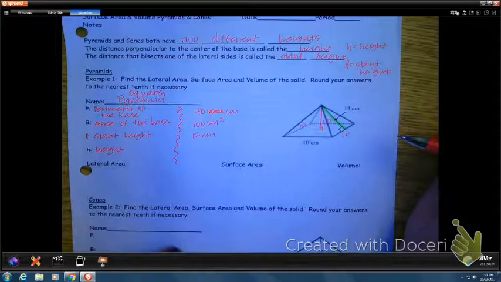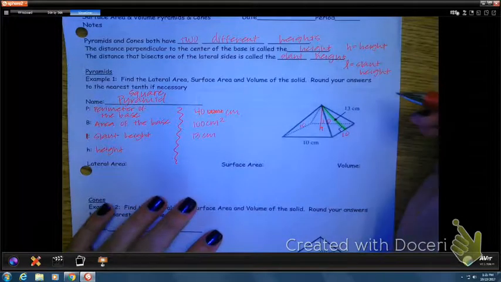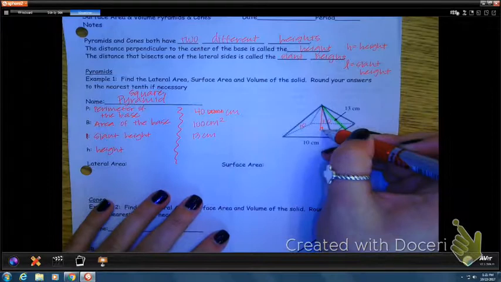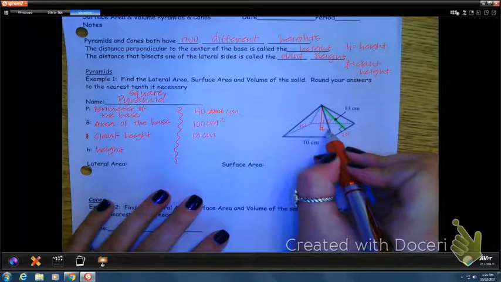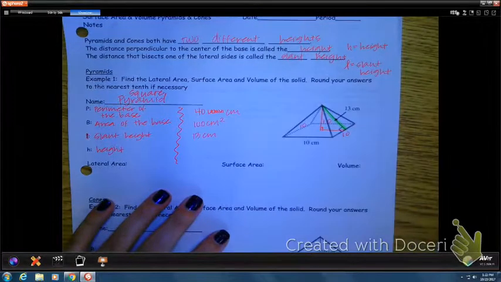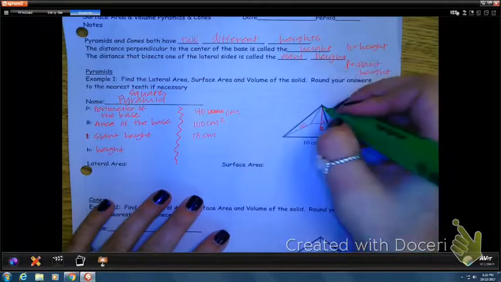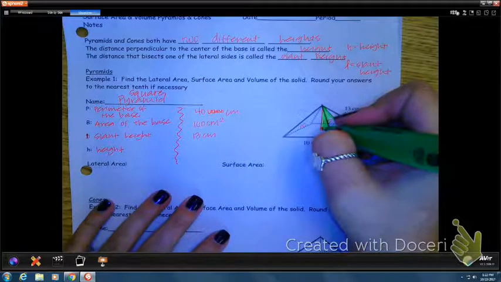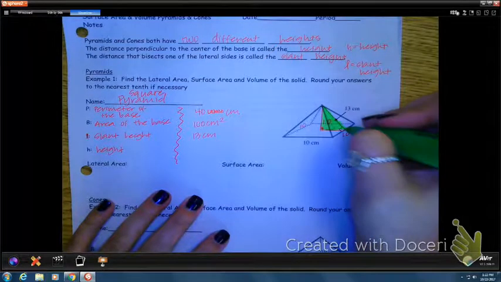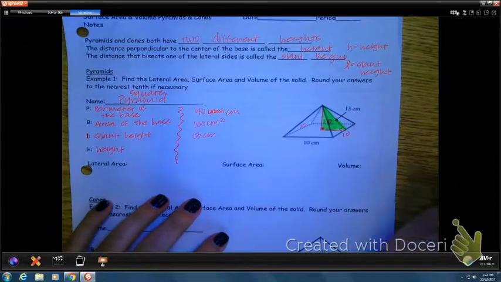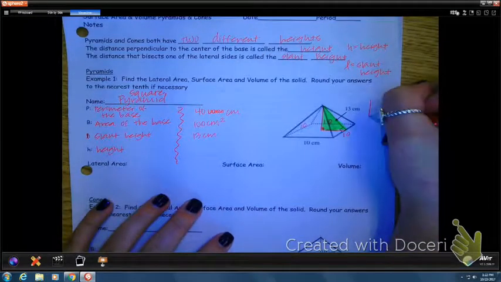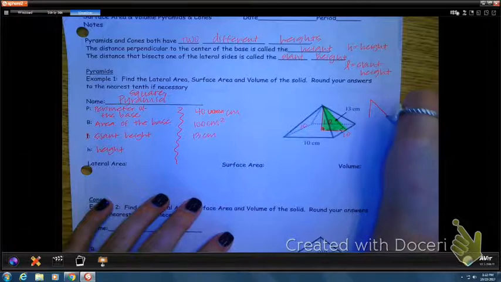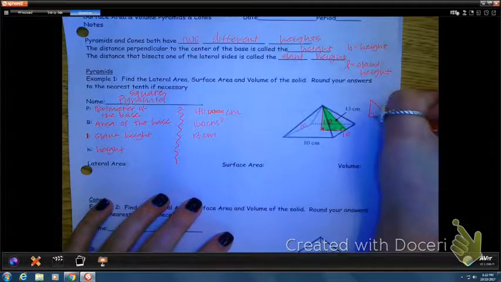So the way that we do this is we have to draw a right triangle. Your right triangle is going to use your slant height as the hypotenuse. So if we draw this out to the side, our slant height is our hypotenuse, which is 13.